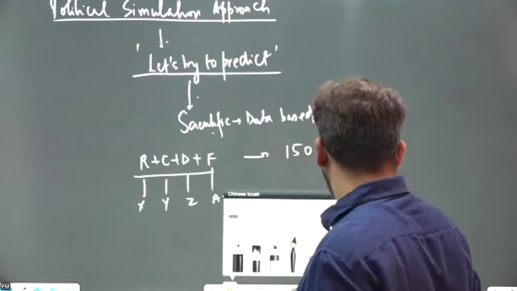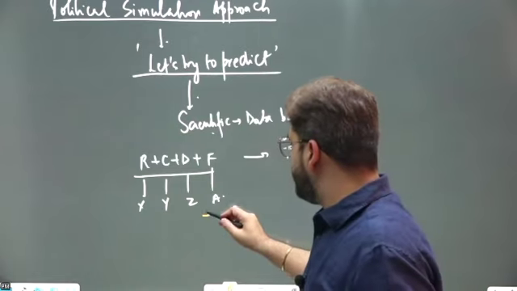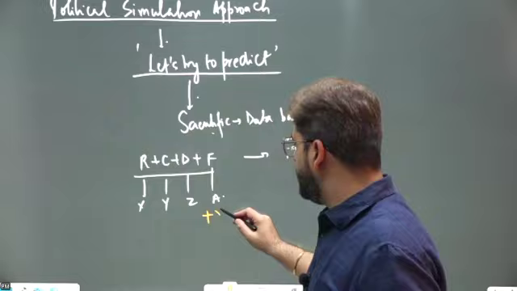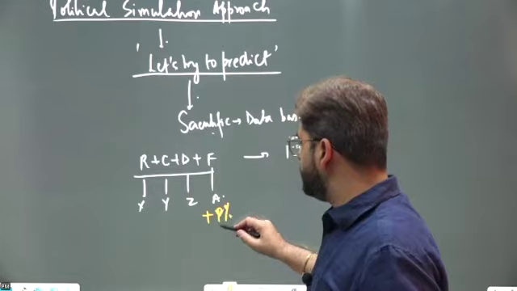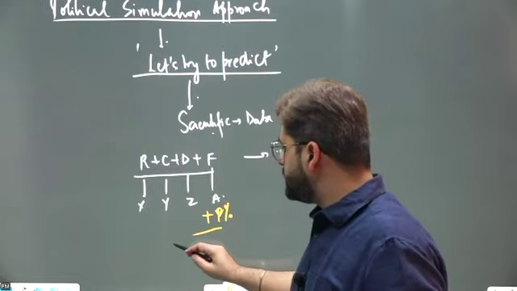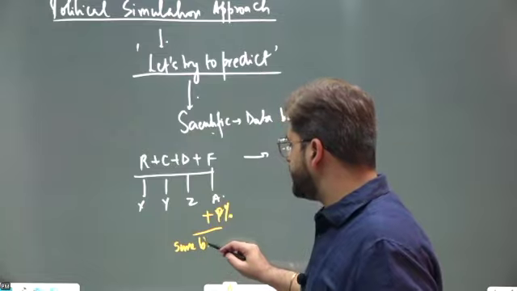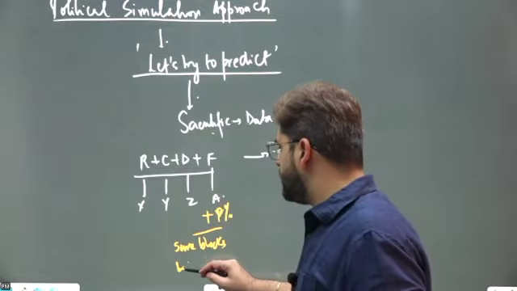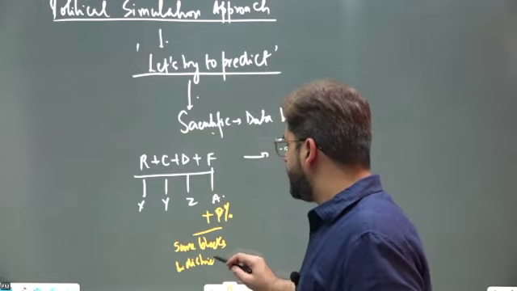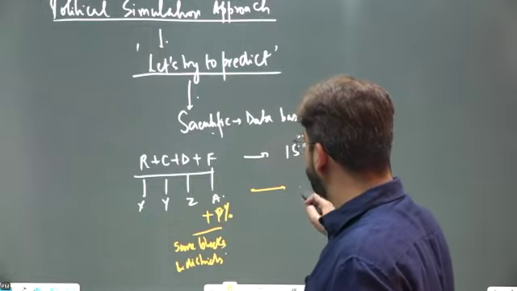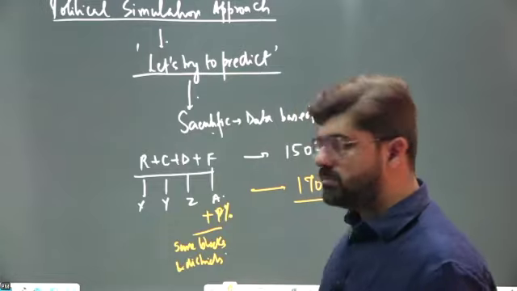However, if I increase the ratio of freebies by P% in some blocks and districts, and all this will be done in an empirical fashion, then there is a possibility that this number can go to 170 also.